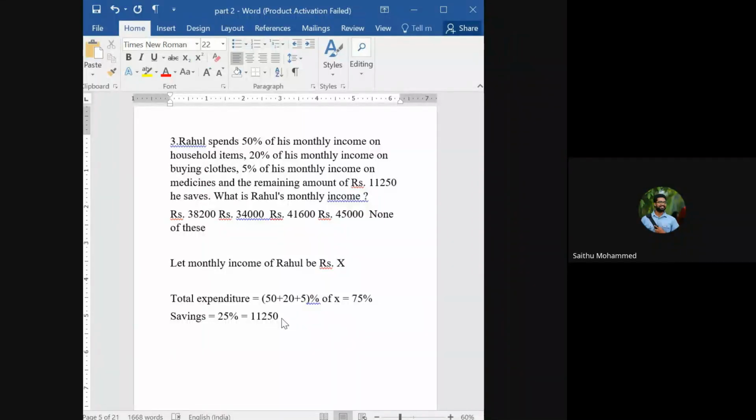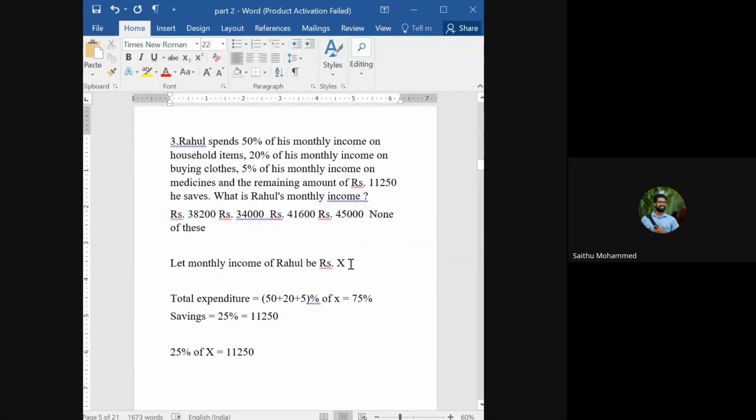So now we have the expenditure with us, savings with us. Savings is actually something that is a breakthrough, because it has given 25% as the savings, as well as the amount of that 25%, which is 11,250. That means 25% of X amount is 11,250, right?